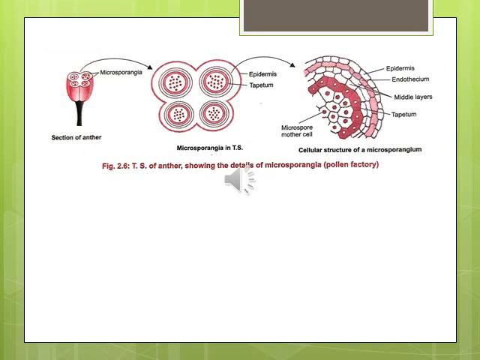Now let's see again what is the wall of this microsporangia. First, the outer layer is epidermis, then comes endothecium, the second layer, then after endothecium come 2 to 3 middle layers, and the innermost layer of the middle layers is known as tapetum, and inside we can see the sac which contains microspore mother cells.